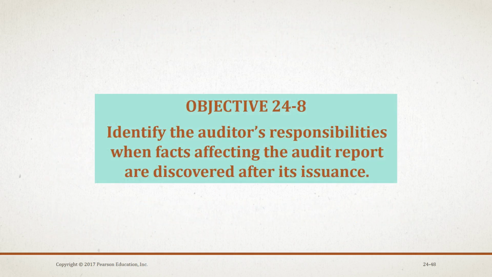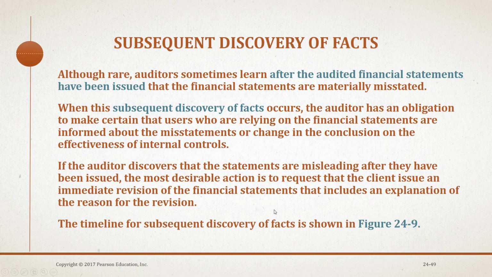Objective 8. Identify the auditor's responsibilities when facts affecting the audit report are discovered after its issuance. Hopefully you never come up with a situation like this, but God forbid you discover that something comes up that you should have known about that makes the financials materially misstated.